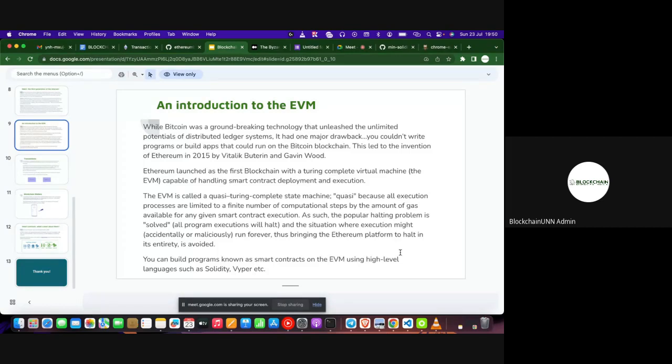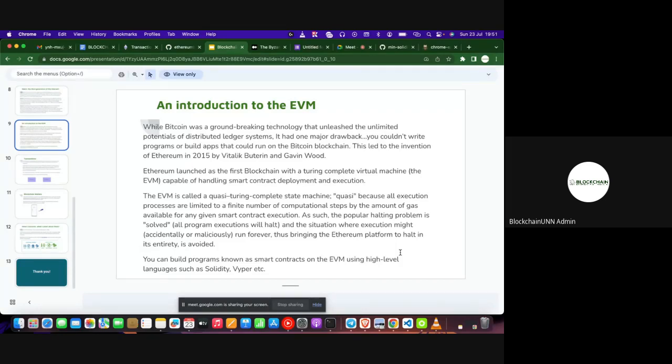In 2015, Vitalik came across the Bitcoin blockchain, which had a very novel idea. After a lot of iterations and a whole lot of study, in 2015 he created Ethereum together with Gavin Wood, his co-founder. The whole idea of Ethereum was that we could make Bitcoin better. Bitcoin was an amazing technology that showed us how much we could do with distributed ledger systems.